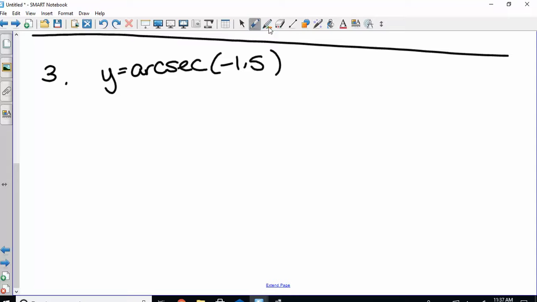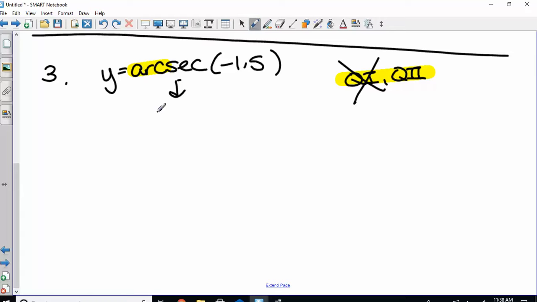Okay, so as soon as I see that arc, that tells me inverse, which means I can only have one answer. Secant inverse can be in quadrant 1 or 2, but it's a negative, so that tells me quadrant 2. We don't even know when secant is -1.5, so we are going to have to use the calculator.